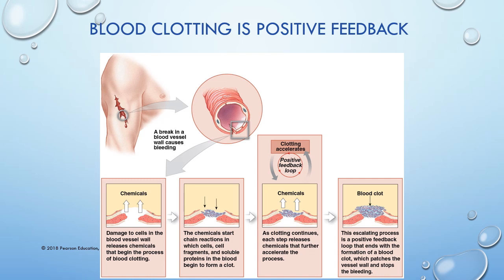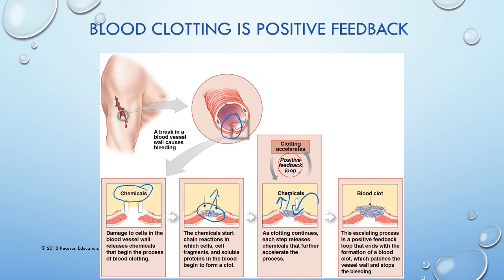So here we have an example of blood clotting. When we damage a blood vessel, so we've got our little damaged blood vessel here, the tissues within the blood vessel release chemicals that send signals that bring about platelets. Those platelets come in and they start to sit inside that clot, forming. The more of these little structures are here, the more chemicals they give off. So they give off even more chemicals, which brings in more of those platelets.